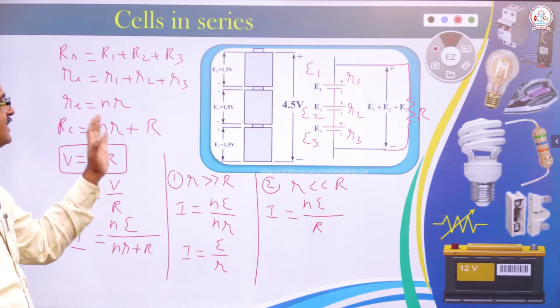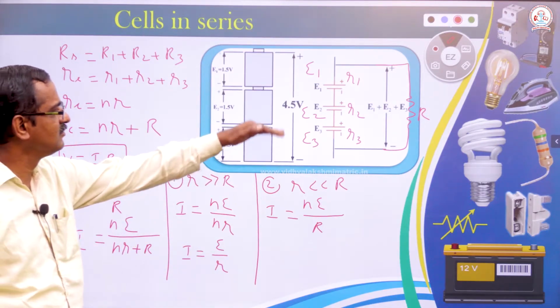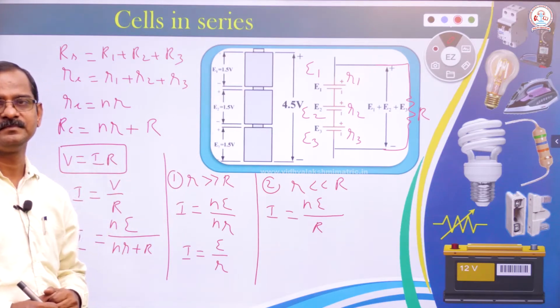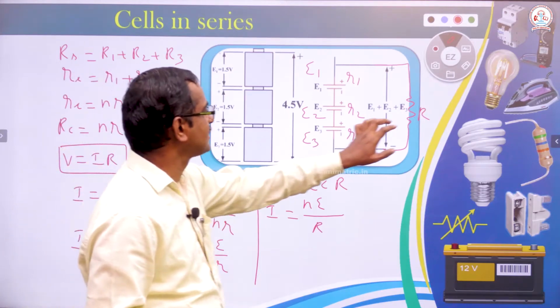This is cells in series. When the cells are connected in series, the EMF value will be added up. Next, let us discuss when the cells are connected in parallel.